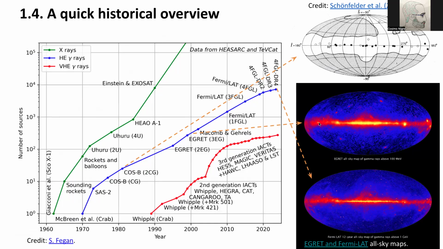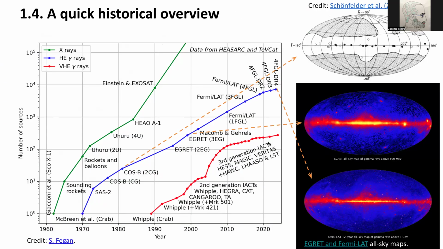Here, instead of pinpointing the individual sources, we have basically a histogram of the gamma rays detected. We can clearly see in this projection the galactic plane and the individual sources. And then we can see how the same plot is produced with data from 12 years of observation from the Fermi-LAT satellite. You really see how the resolution of the gamma ray instruments improved and the huge number of sources that now populate the gamma ray sky.